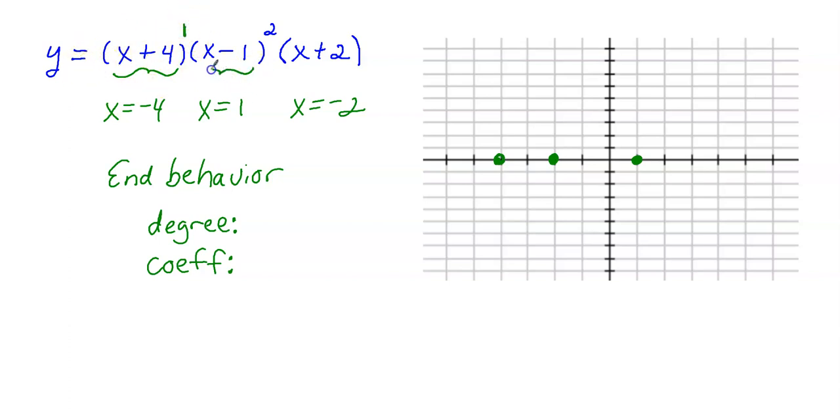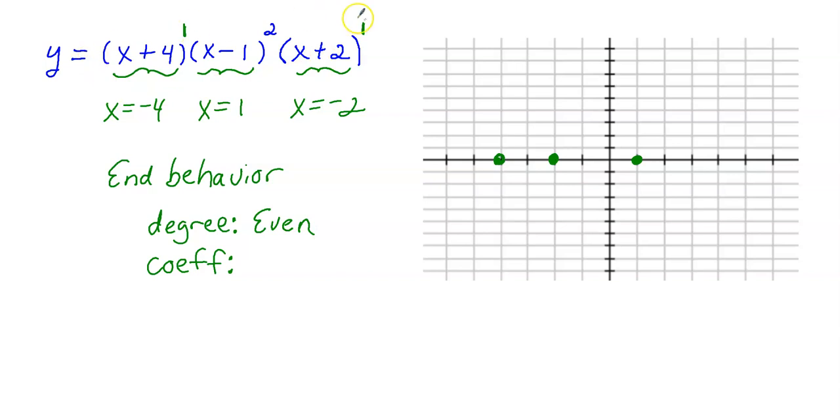What's the exponent of this factor? It's 2. What's the exponent of this factor? It's not showing, is it? So it has to be 1. So what I can do now is add up these exponents. What's 1 plus 2 plus 1? That's 4. So this is degree 4. It's a degree 4 polynomial, and 4 is even. So let's write even here.